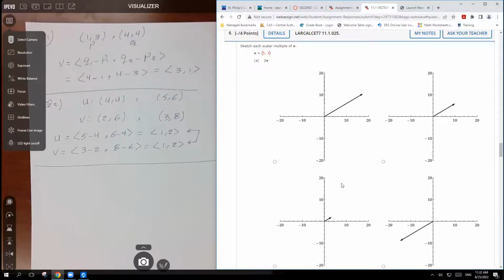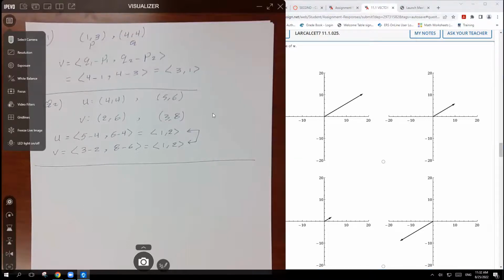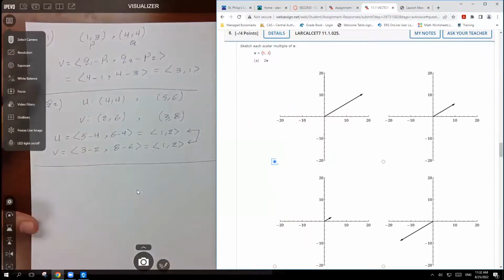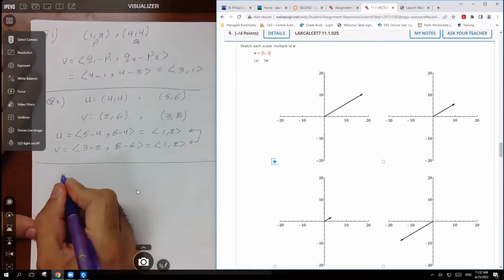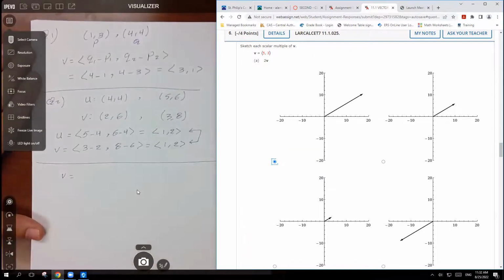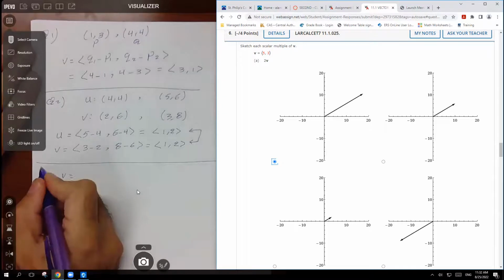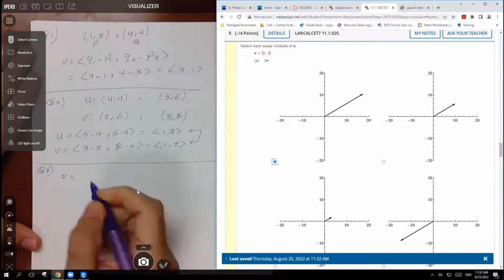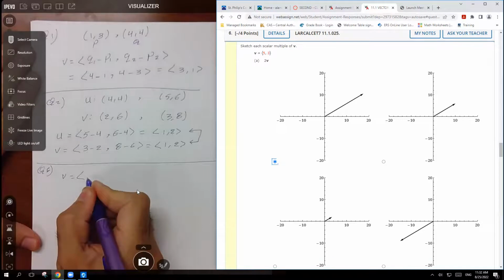Now where is the vector V? Be careful. Vector V is 5, 3. We need to find 2V. I have to choose which one of these is the vector 2V. So here's the thing, what are you going to do? The vector V equals, this is question 6, the vector V equals 5, 3.